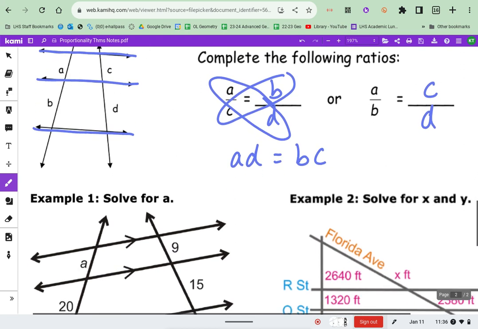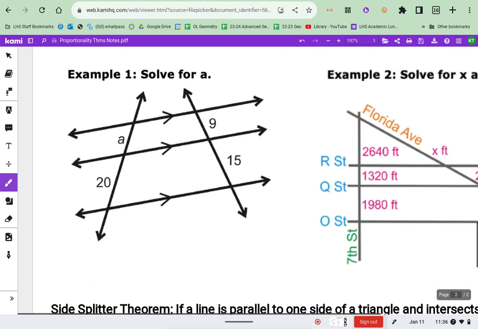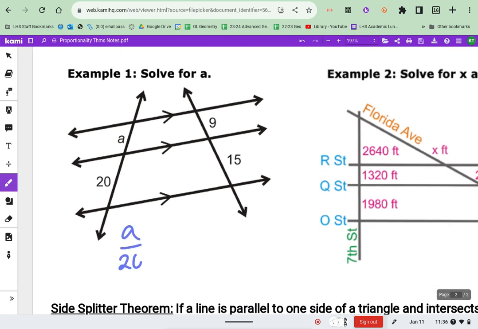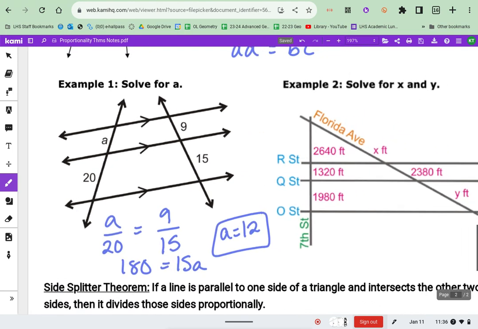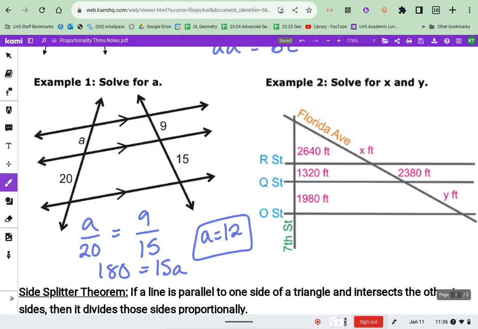So for example, in number 1, we can say that A over 20 equals 9 over 15. So cross multiply, we get 180 equals 15a. So then a equals 12. And I'll let you guys work with your group to try number 2.